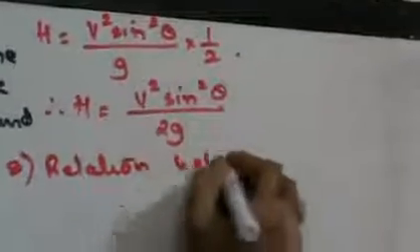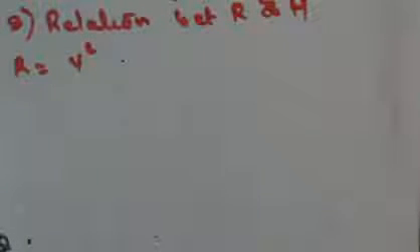Let's find out the relationship between the horizontal range and the maximum height, the relation between R and H. We had found R as v square sin 2 theta upon g.